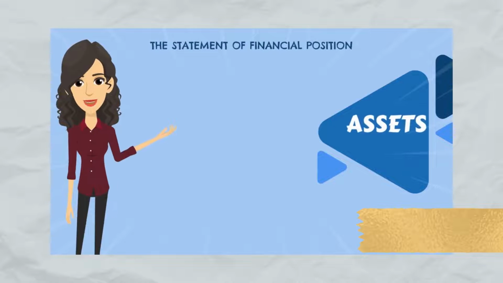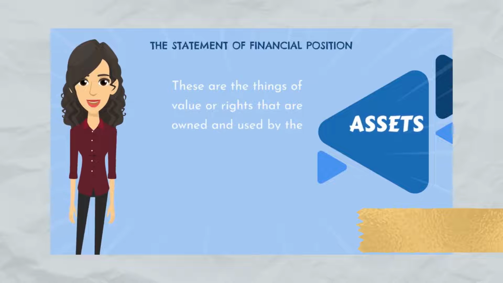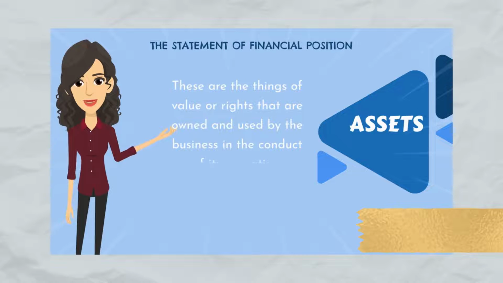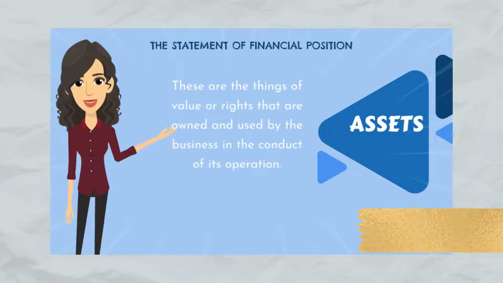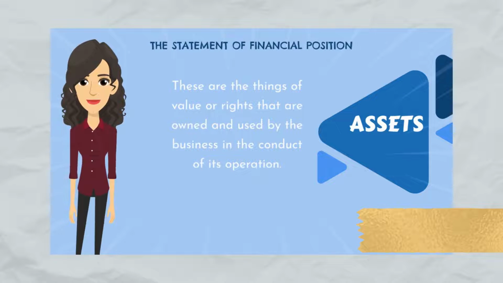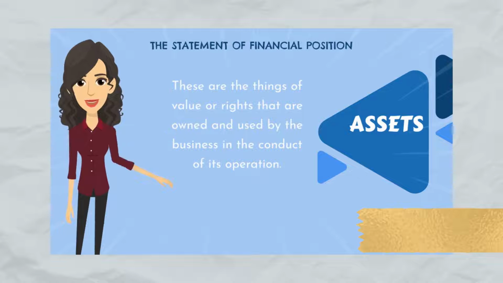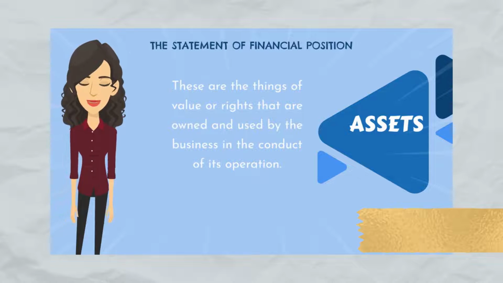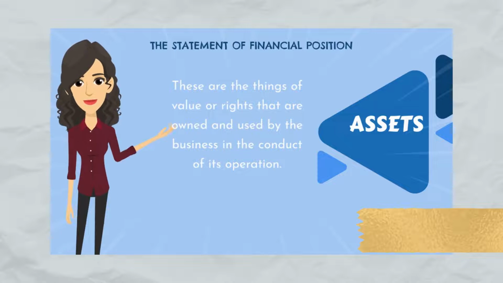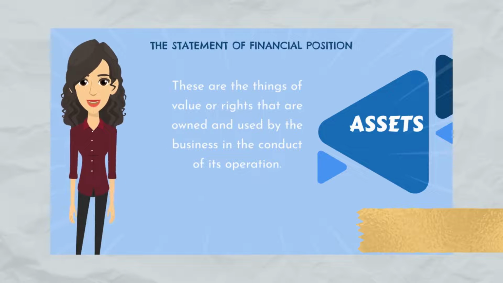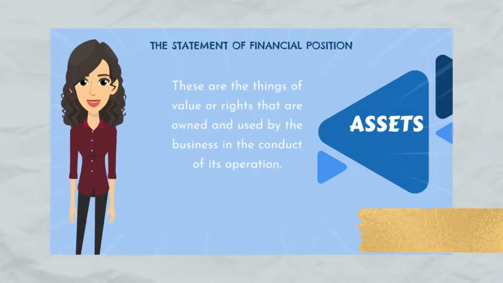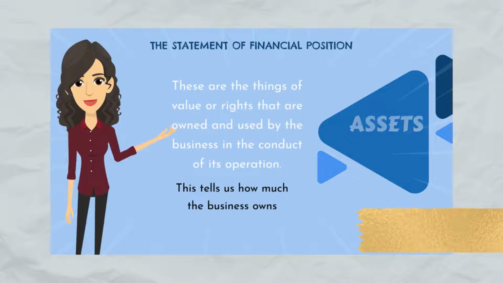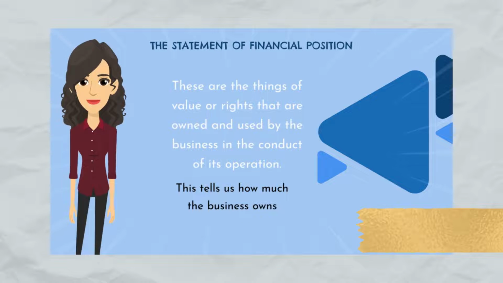In layman's language, these are the things of value or rights that are owned and used by the business in the conduct of its operations, which include cash, land, building, inventories, furniture and fixtures, machineries and equipment, prepaid expenses, etc. Aside from that, it also includes accounts collectible by the business, which is termed receivables. This also tells us how much the business owns.